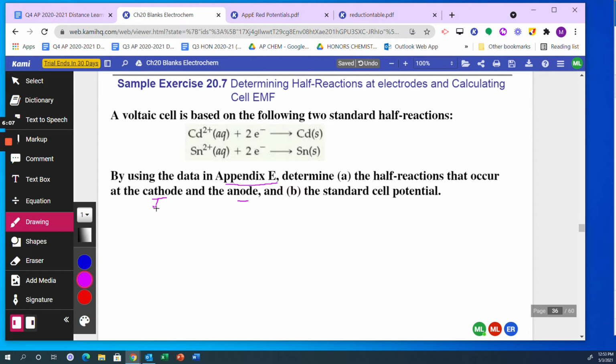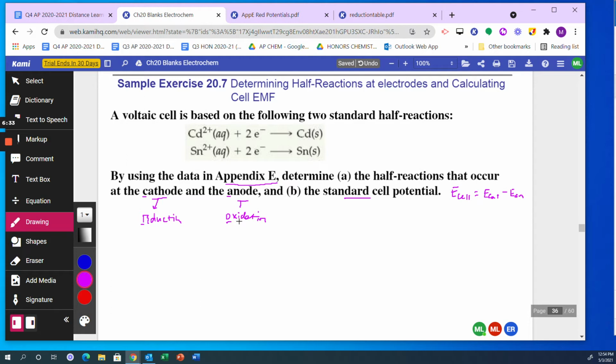Remember, cathode is where reduction takes place, and anode is where oxidation takes place. A and O are both vowels, C and R are both consonants. Okay, then you're going to determine the standard cell potential, which is E cell, using that formula, E cathode minus E anode.